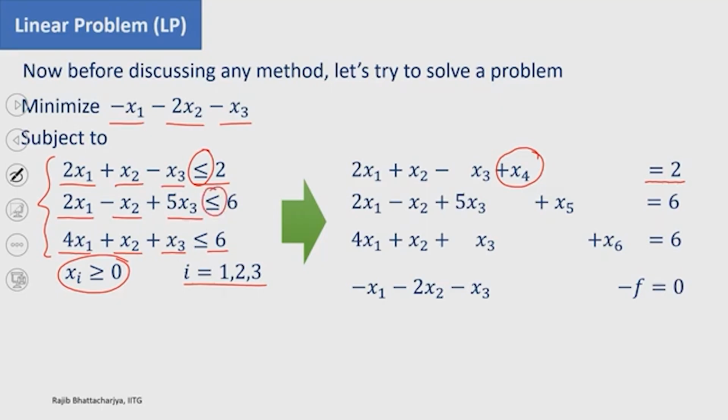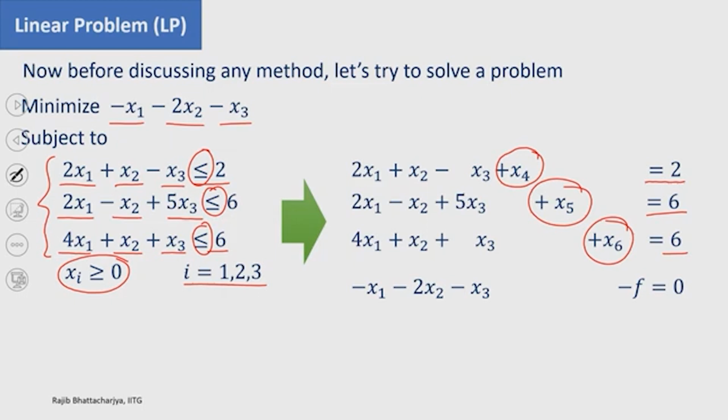Similarly, the second one is also a less-than-or-equal-to type constraint, so I am adding another slack variable, x 5, to make it equal. The third one is also less-than-or-equal-to type, and therefore I am adding x 6, another slack variable to make it an equality type constraint.